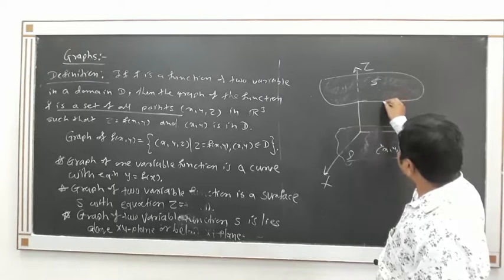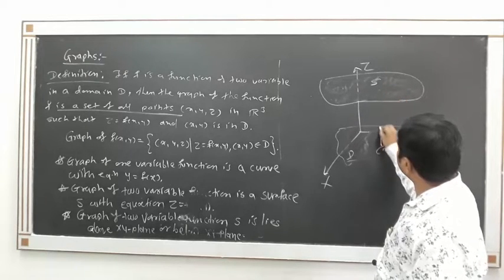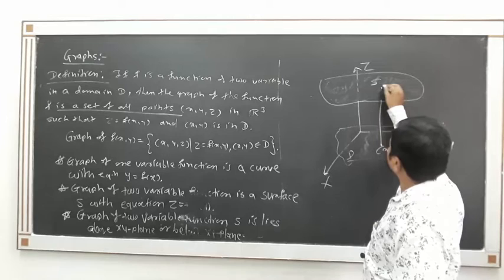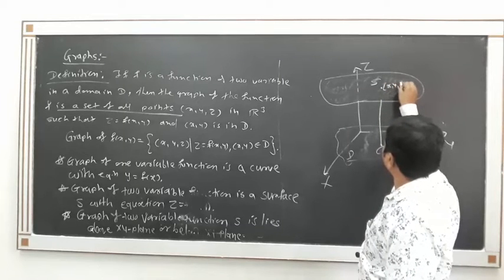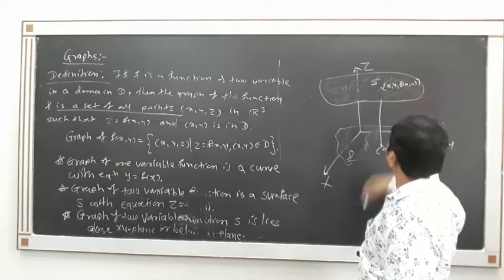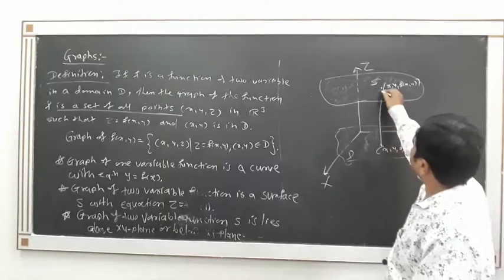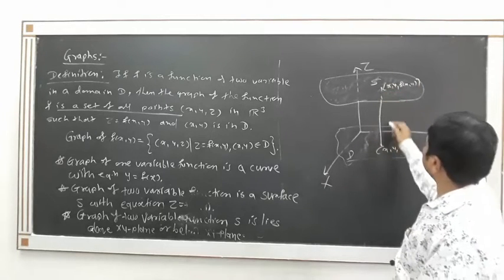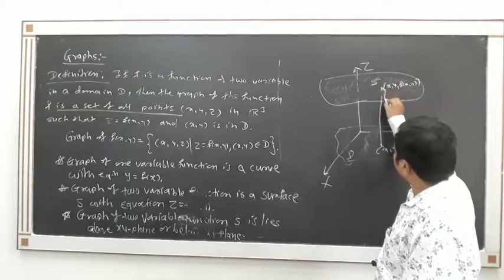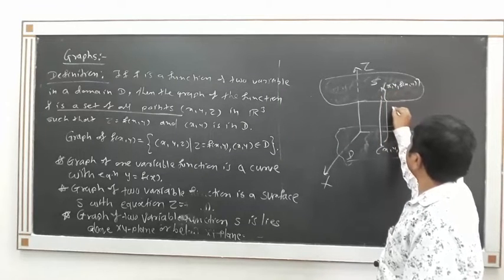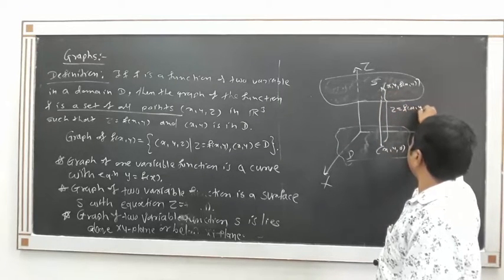Then its image, f of (x, y), is this point, which is nothing but z is equal to f of (x, y).